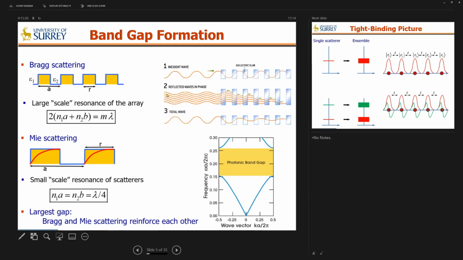Now, I'm going to call this condition Bragg scattering, because it's associated with scattering from the unit cells, and I'm going to regard it as a large-scale resonance of the array of particles. Everything in the array matters. Every single unit cell needs to scatter in phase backwards to the radiation in order to get a bandgap. So it's associated with the whole array of scatterers.